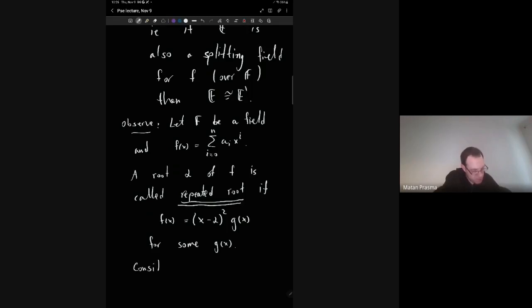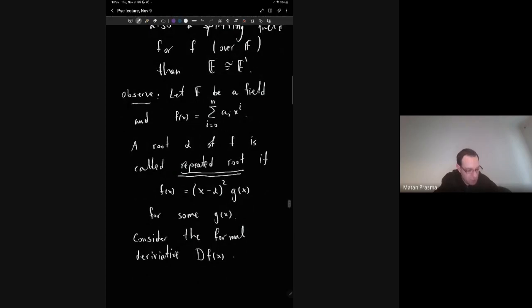Consider the formal derivative df, which is simply the polynomial sum of i times a_i times x^(i-1) for i equals 0 up to n.